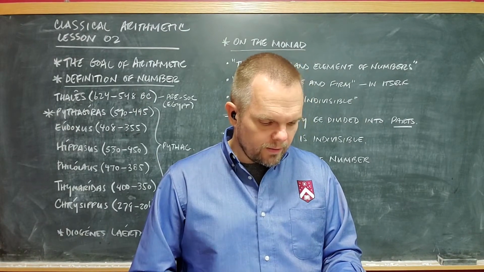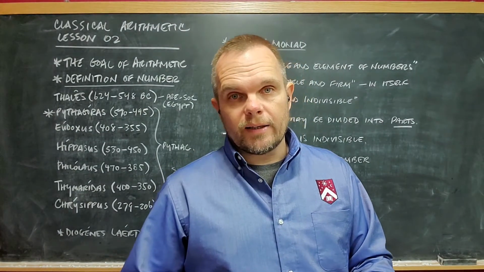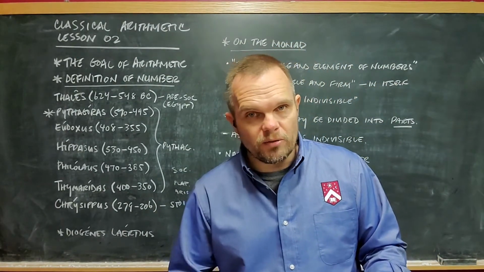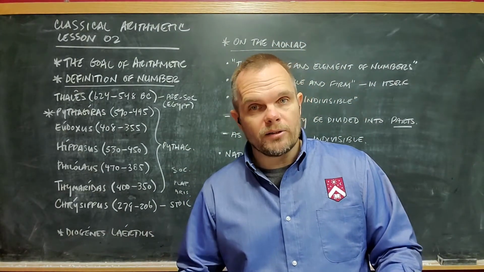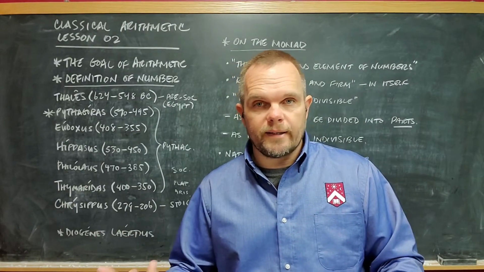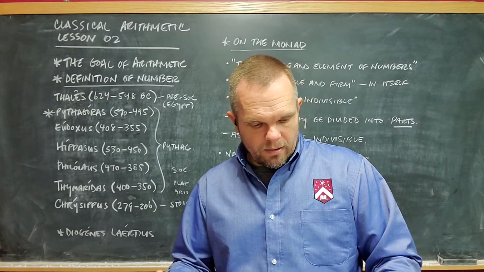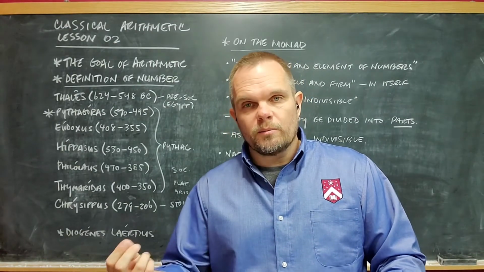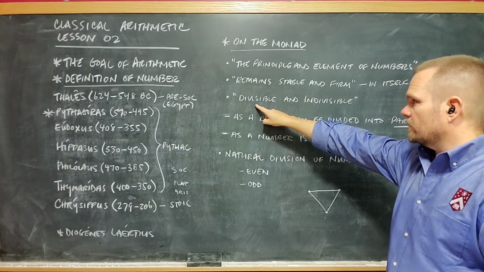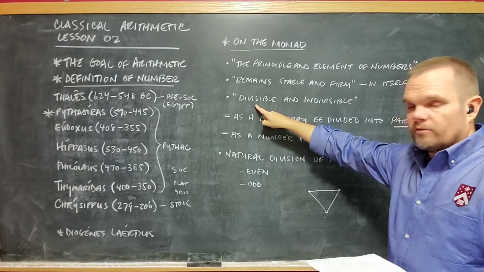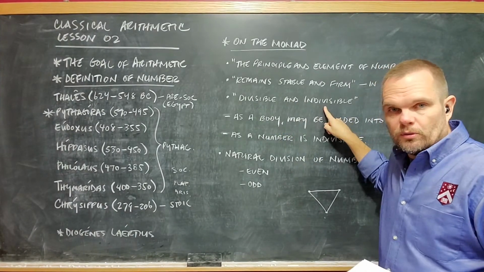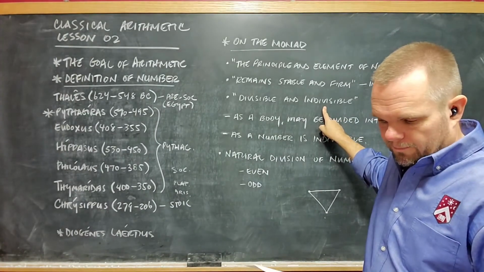So that 1, so far as 1, that is, as a number, is both divisible as a magnitude, it can be divided into parts, but also indivisible as a number, it cannot be divided. This is an important principle: 1, as far as it is 1, is both divisible as a magnitude, and indivisible as number.